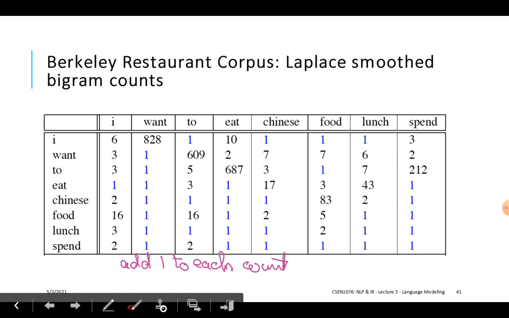Now we have increased the size of the bigrams that we see by V. So we need to do some tweaks on the probabilities and the actual counts in order to maintain the rough estimation of the probability even with the increase in the counts.